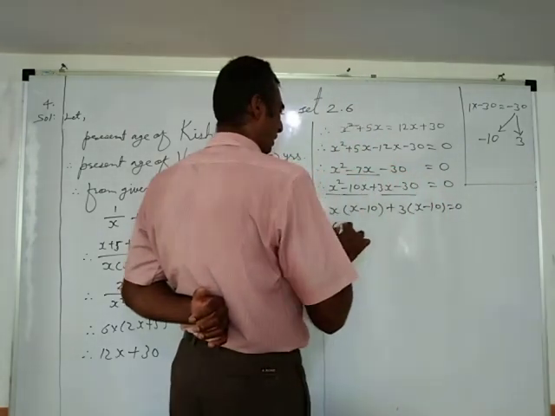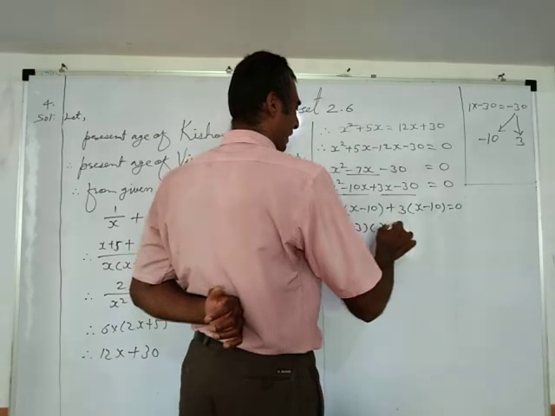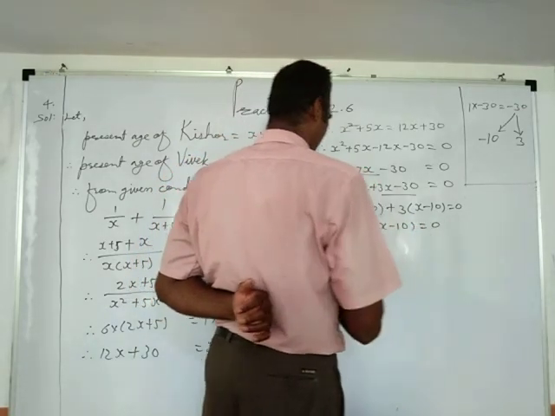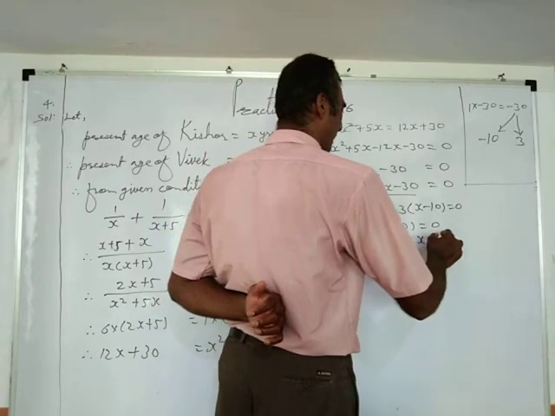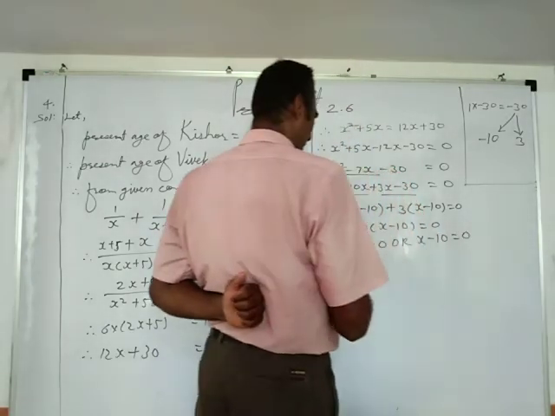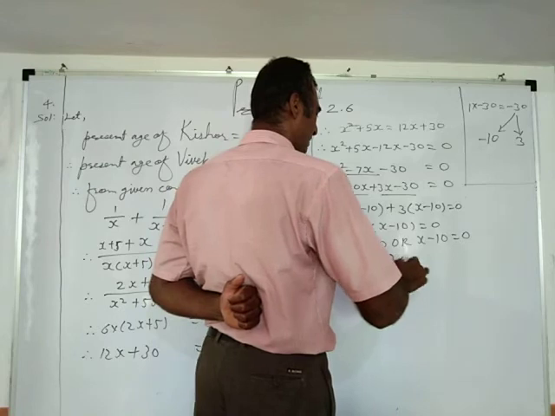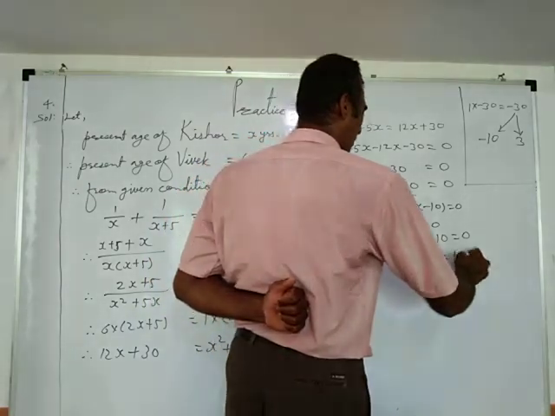And therefore x plus 3 into x minus 10 equal to 0. And therefore x plus 3 equal to 0 or x minus 10 equal to 0. And therefore x equals minus 3 or x equal to 10.